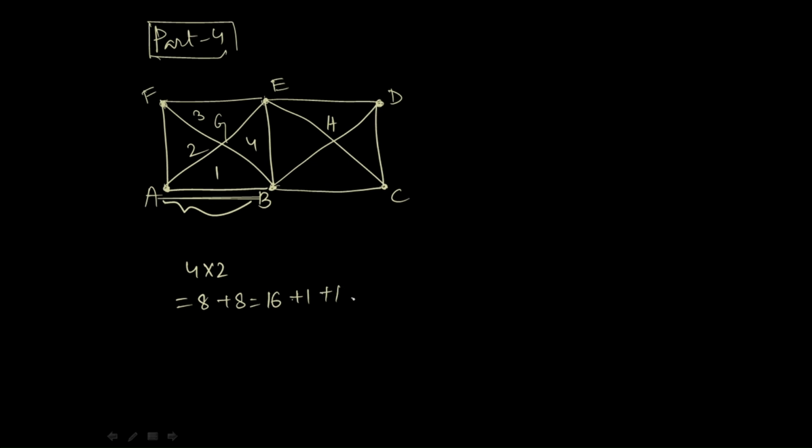So there will be 2. So it will be 18 triangles. So from this figure, you can find that when two figures or more than one figure are joined, for one joint there will be 2 extra triangles.